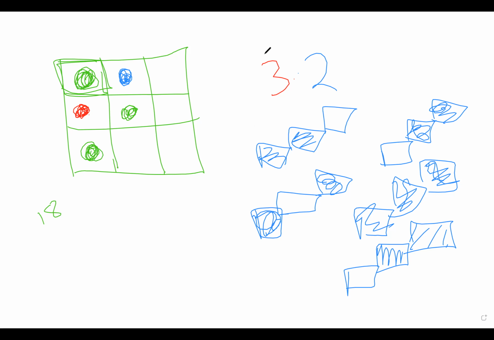This would be forced to be a red, right? Which means this one would be forced to be a blue. And the reason I'm saying forced is because it tells us that there's only one possible arrangement. Forced to be red, right? And this one would be forced to be blue.